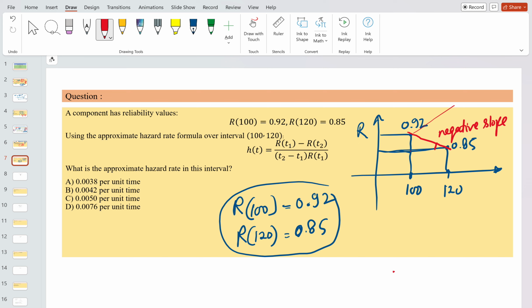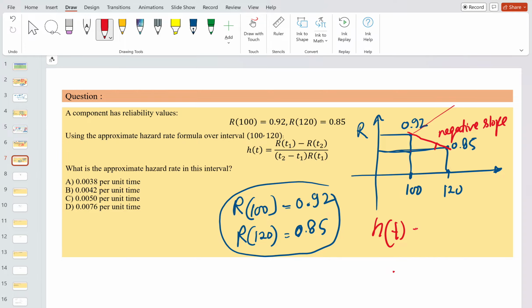Okay, so when you have the reliability at a particular time stamp, using this rate you can quantify how much the rate is going to be between the two time stamps. So the equation is something like this.